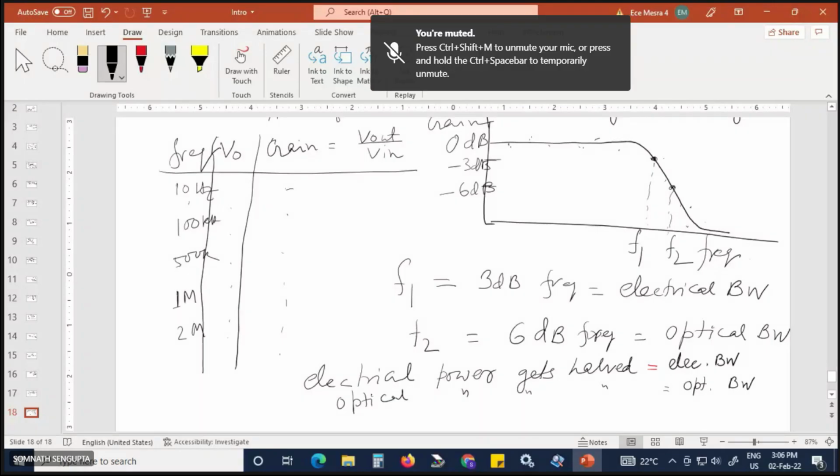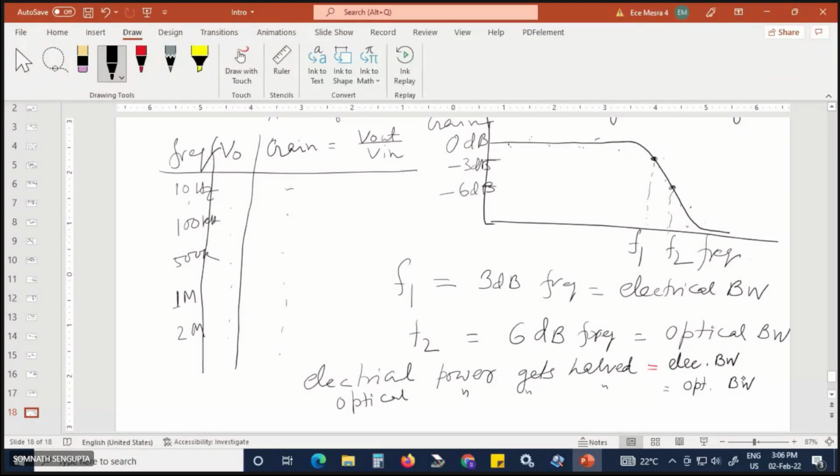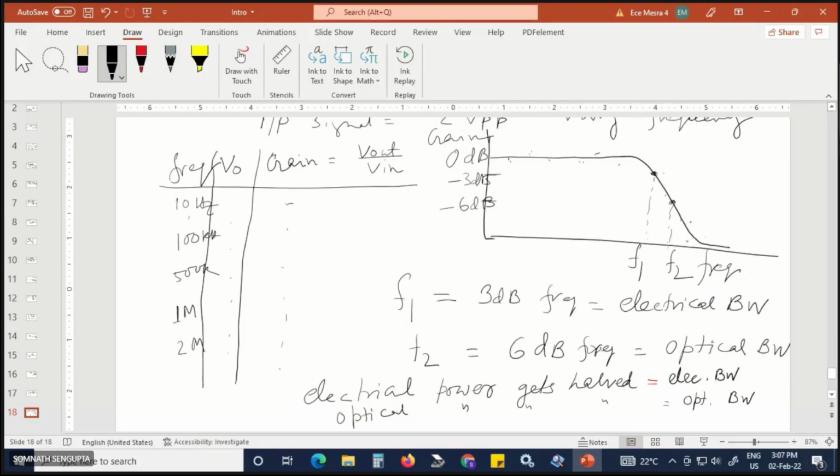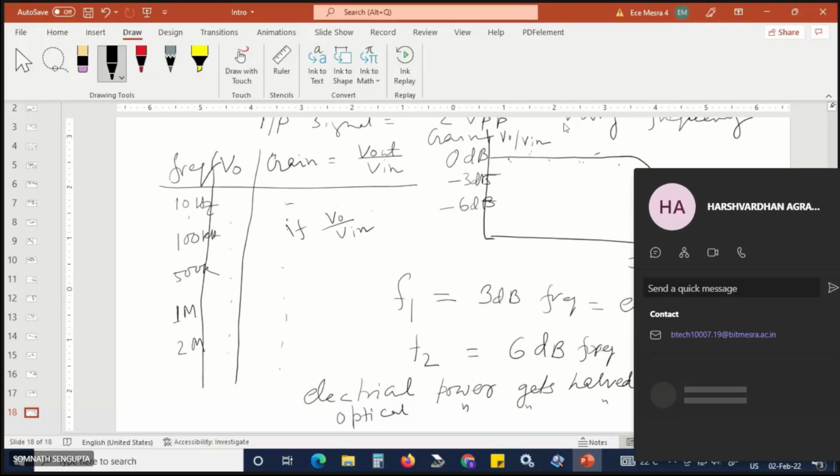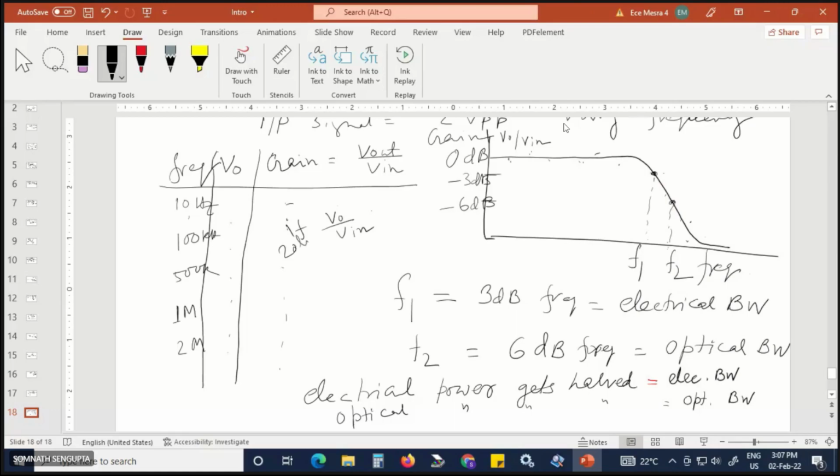So this is so because this gain is what? This gain is V0 by V in, that means ratio of voltage. That is 20 log of this. So that means it is electrical power.